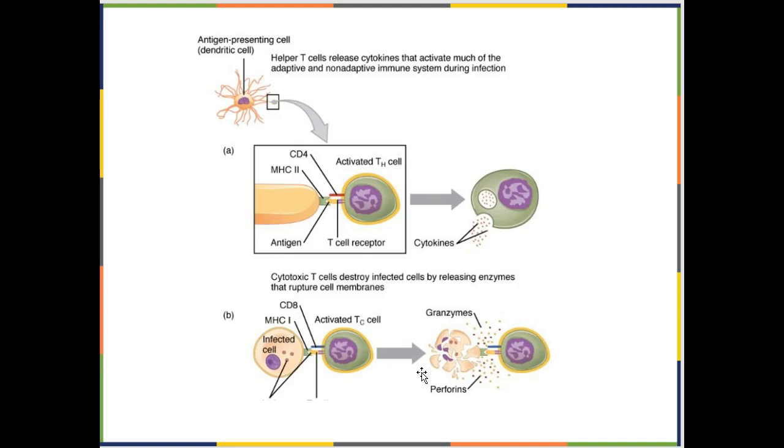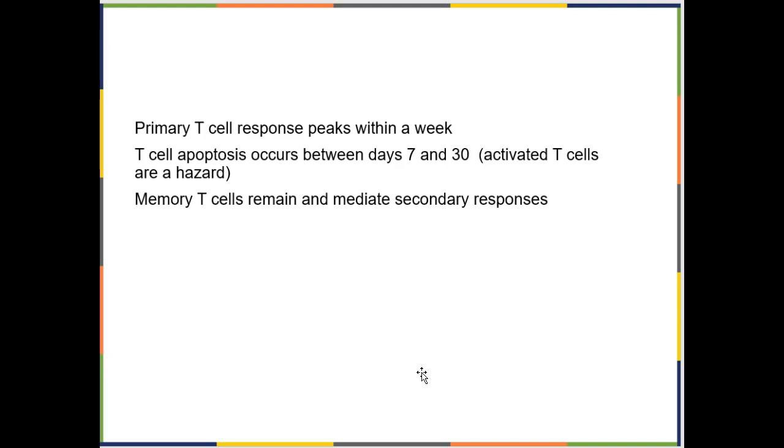I forget, there's a name for it. But it basically takes itself apart very carefully. And then a macrophage will come over and phagocytize all of the little bubbles that this cell has made of itself.